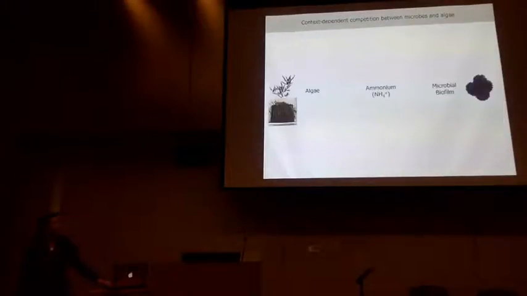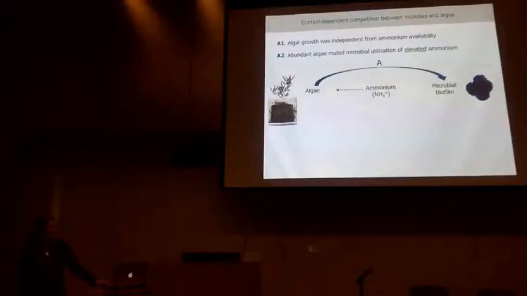So to conclude this chapter, here again is my simple system, and the quick answers to my questions. Number 1, algal growth seemed to be relatively unaffected by ammonium availability in this little system, but abundant algae muted microbial utilization of ammonium when that ammonium was elevated.